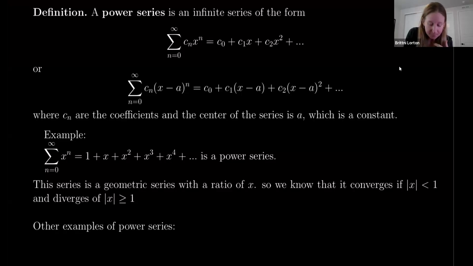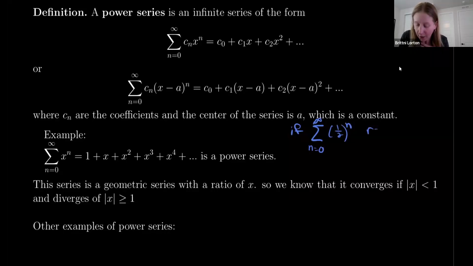So remember in the geometric series that we talked about, if we had a series, not a power series, but let's say the sum from n equals 0 to infinity of 1/2 to the power of n, that was geometric. And in this case, my r was 1/2, which was less than 1, so it converged, and it converged to a over 1 minus r, where a was the first term of the series.